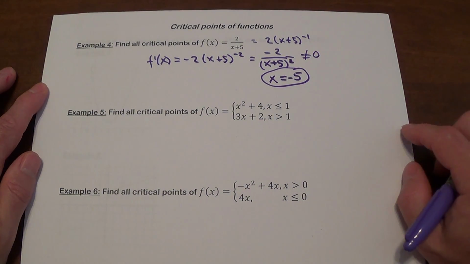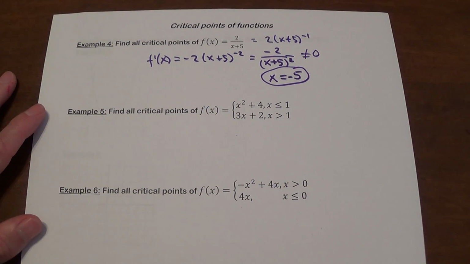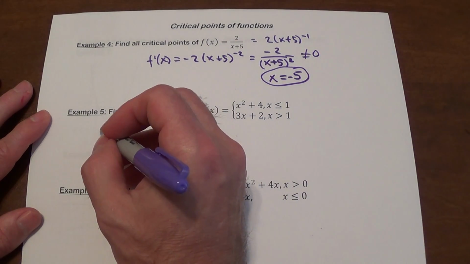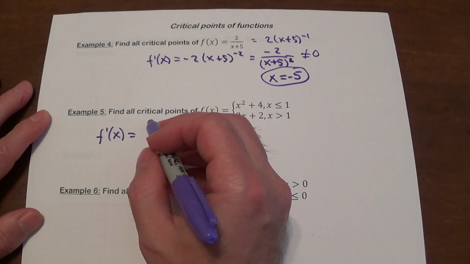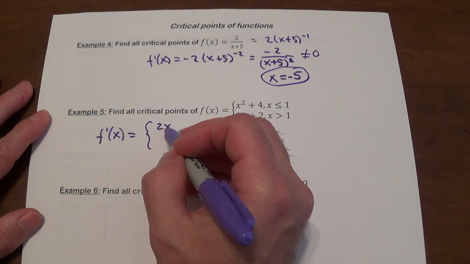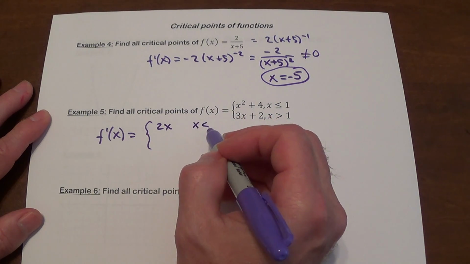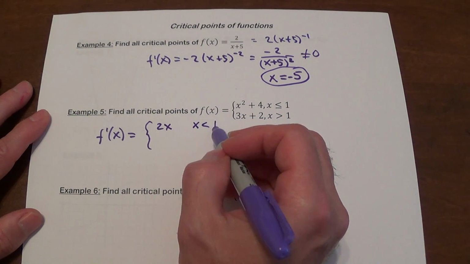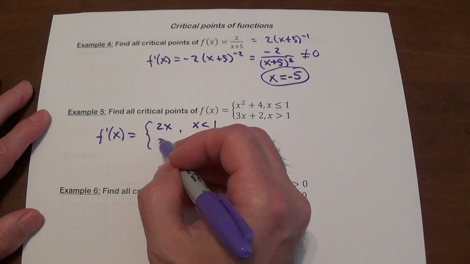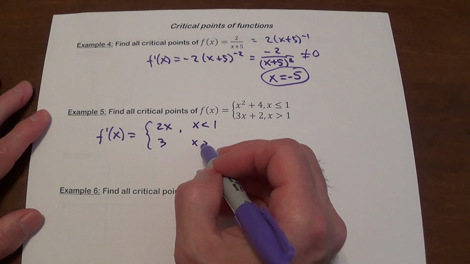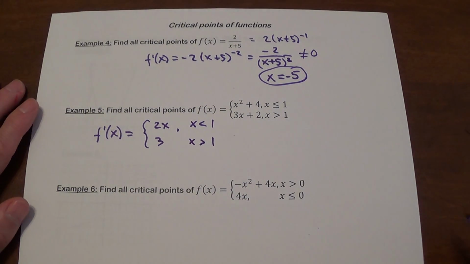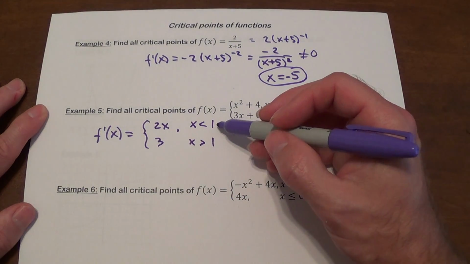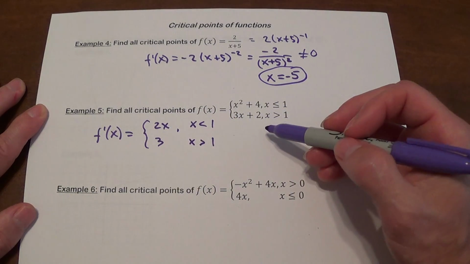Now we have some piecewise functions that we have to look at. So let's try to figure out the derivative here. So the derivative here is going to be 2x when x is less than 1, we don't know if it's going to be equal to 1, we have to wait. And over here it's going to be 3 when x is greater than 1. So on one side of 1, the derivative is going to equal -2.